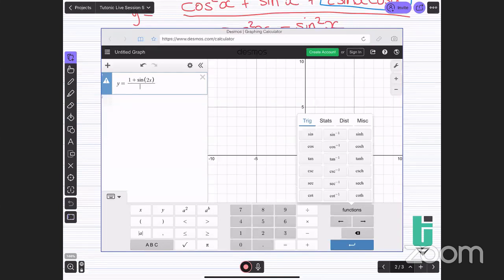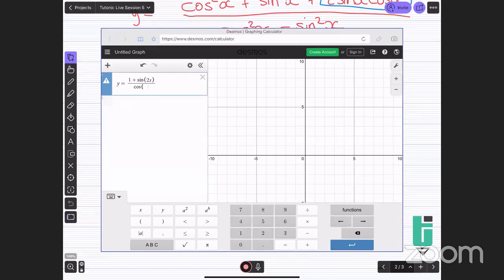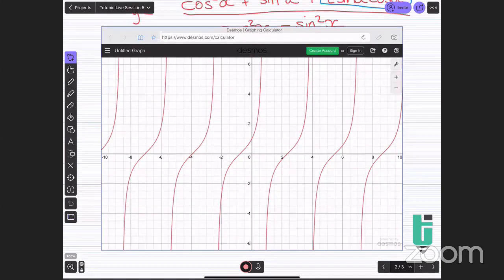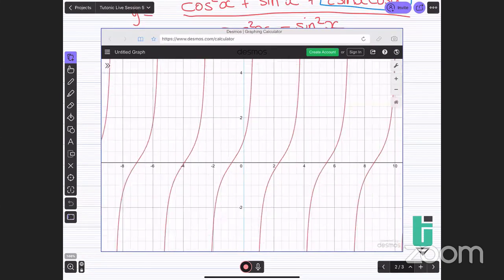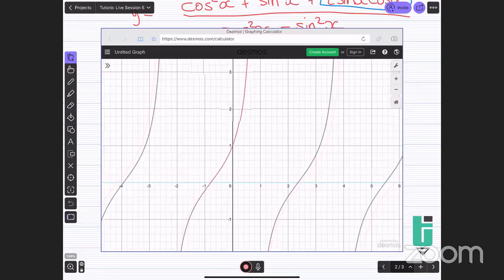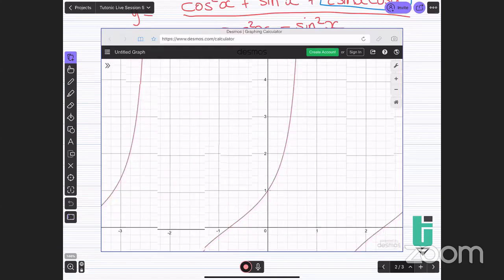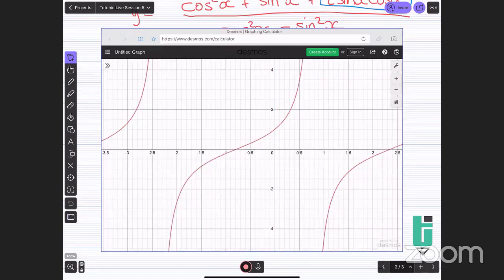You could sub in points, but it's always nice to plot it. Do you guys see the graph? Yeah. So this definitely looks like a tan graph that goes through 1. One could easily just plot the graph.